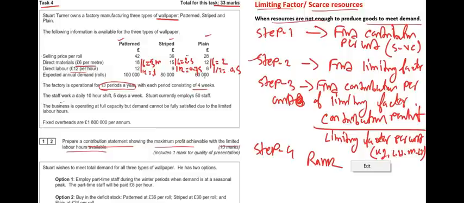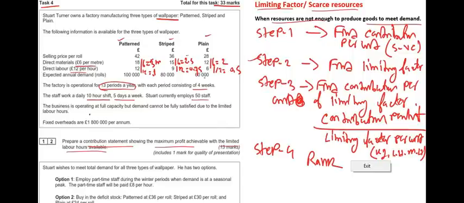The staff work a daily 10 hours shift. They work 5 days a week. Stewart currently employs 50 staff. So you know this information, you need to multiply all of it to get how many hours are available.